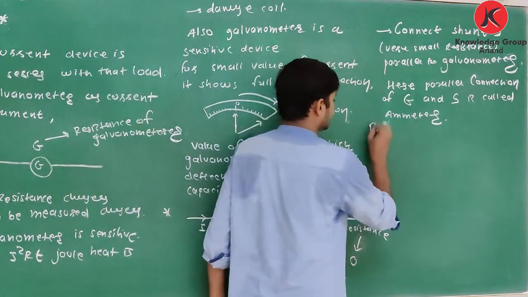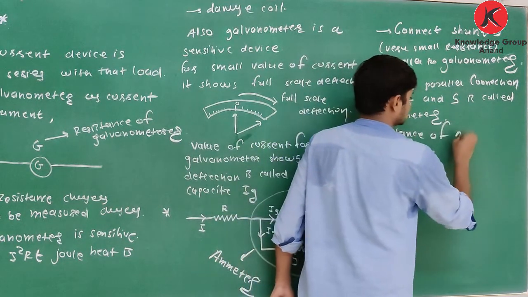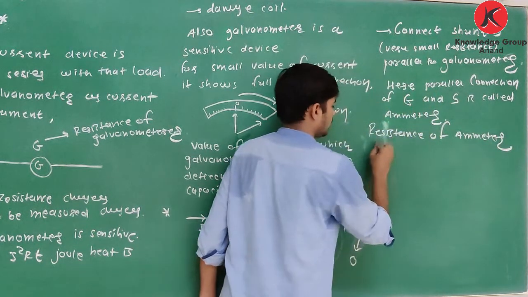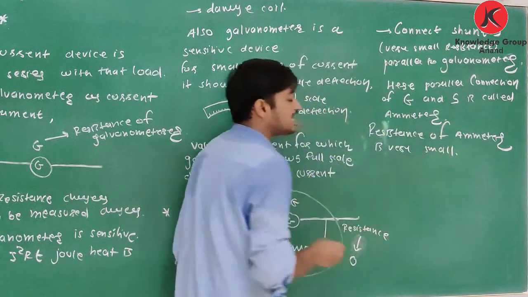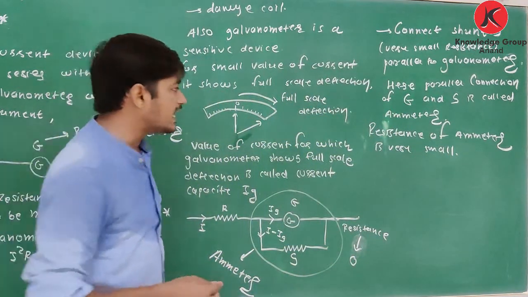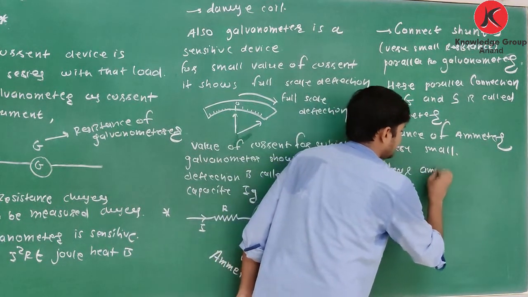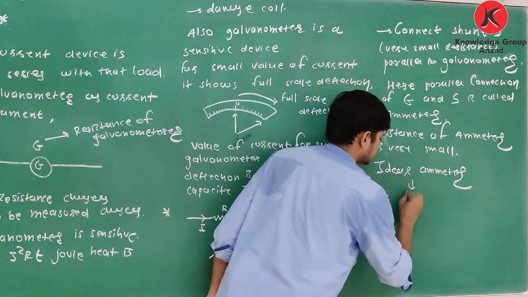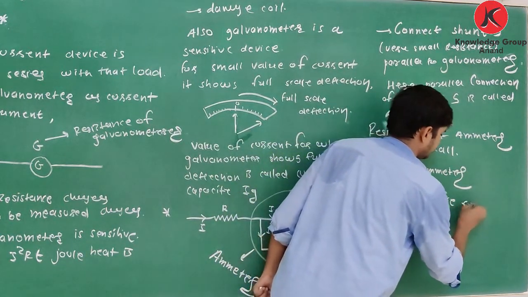Resistance of an ammeter is very small. And if I am talking about an ideal ammeter, then for an ideal ammeter, its resistance is 0.